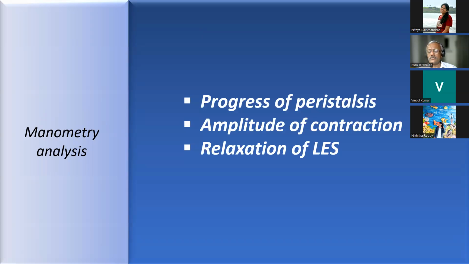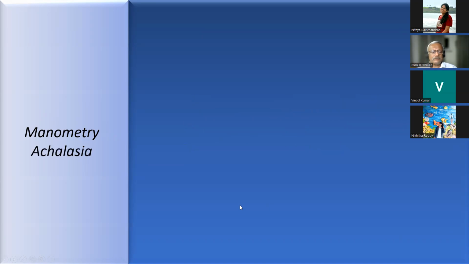Not only the progress, you also look at the amplitude of the contraction. There may be peristalsis, but the amplitude may be abnormally low or abnormally high. And the relaxation may or may not occur, or when it does occur, the timing may be inappropriate. So these are the parameters that you measure in the analysis of the manometry.